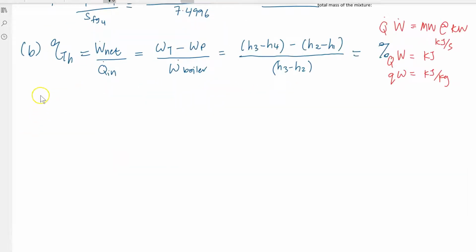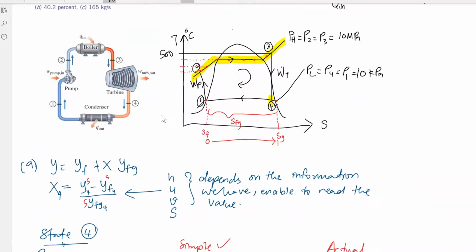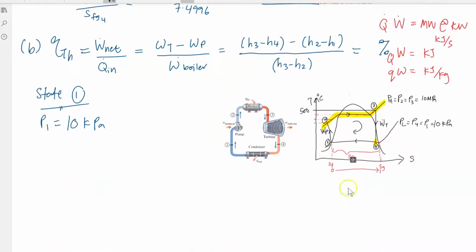Hence, in solving this, we will go through state by state, starting from state 1, where you are given P1 equal to 10 kilopascal. I'm going to copy and paste this down here so that it will be much easier for us to have a look.